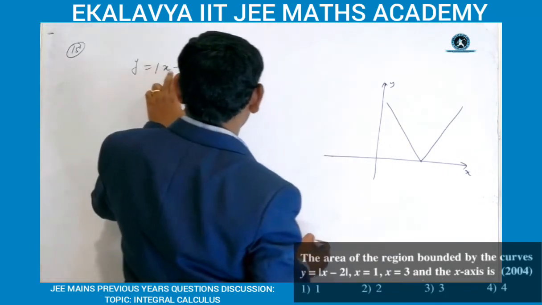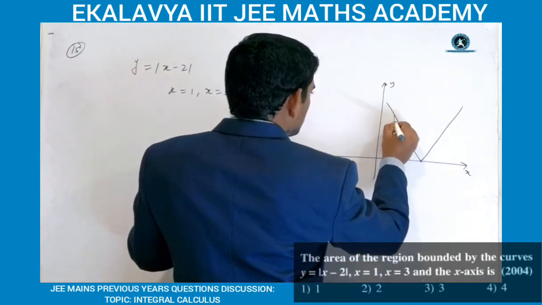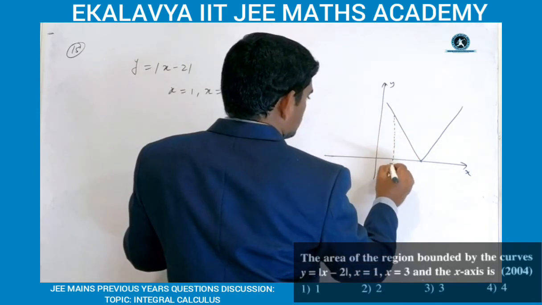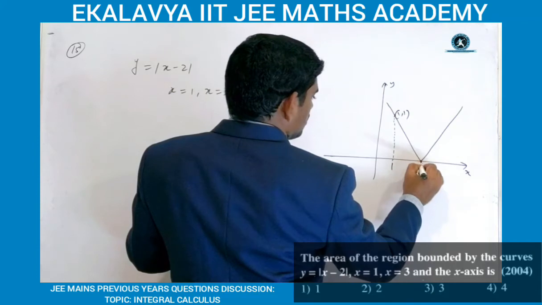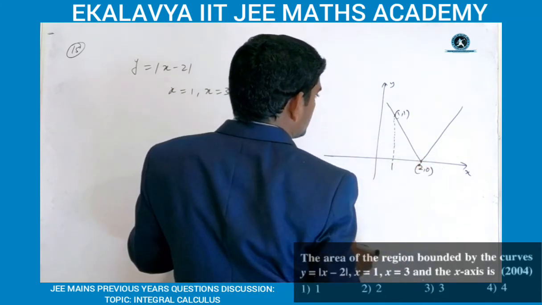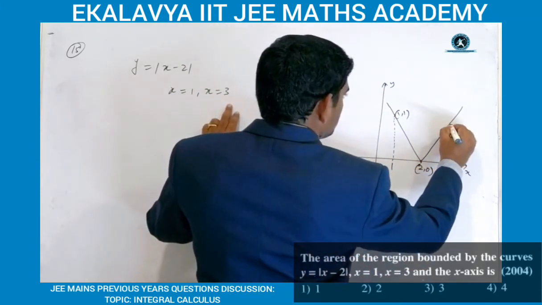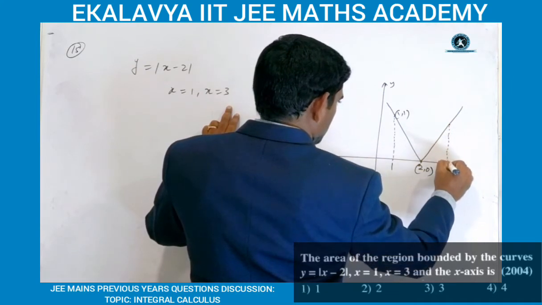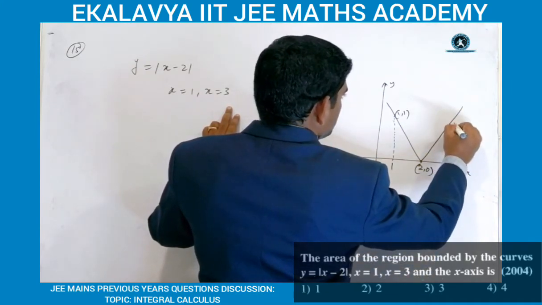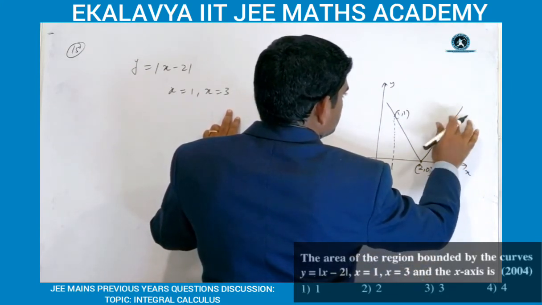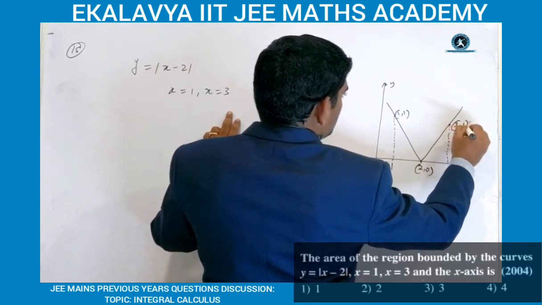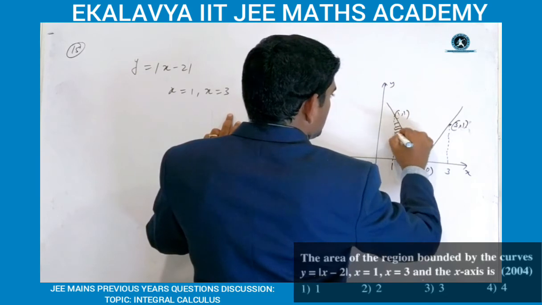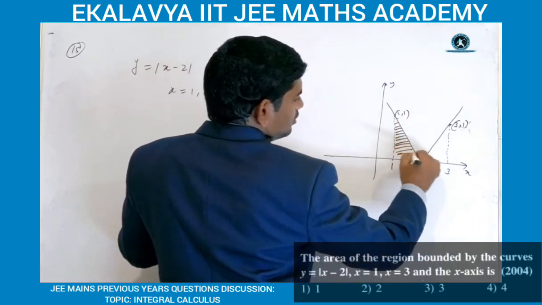At x equal to 1, y is equal to 1, so 1 comma 1. At x equal to 2, y is equal to 0, and at x equal to 3, y is equal to 1, so 3 comma 1. They are asking the area of this region.